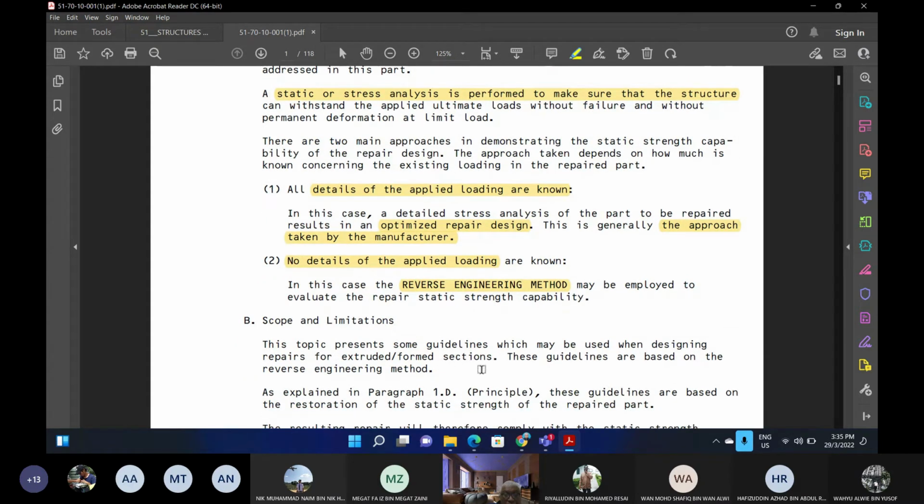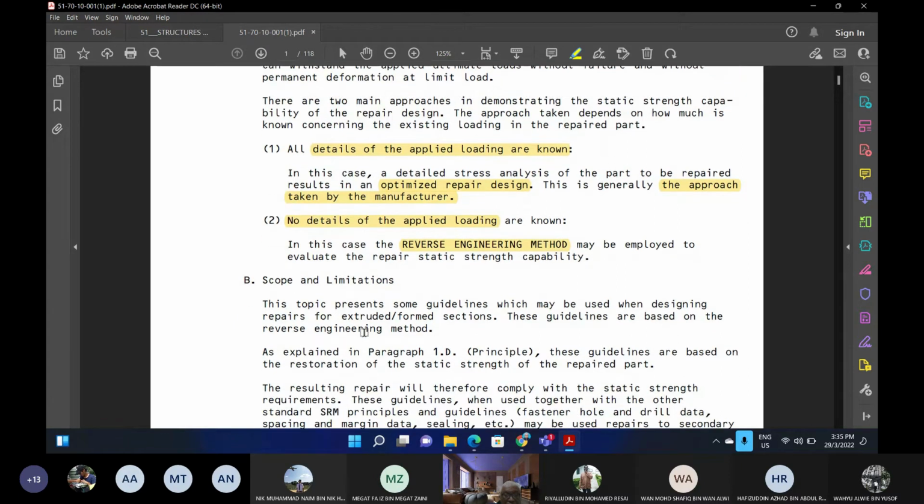Scope and limitation. For this manual, this topic presents some guidelines which may be used when designing repair for extruded and formed sections. The guidelines are based on the reverse engineering method. Here we will also explain how to do the repair on extrusion or formed section, and not just a skin section. And remember again, as we learned, the aircraft structure is very simple.